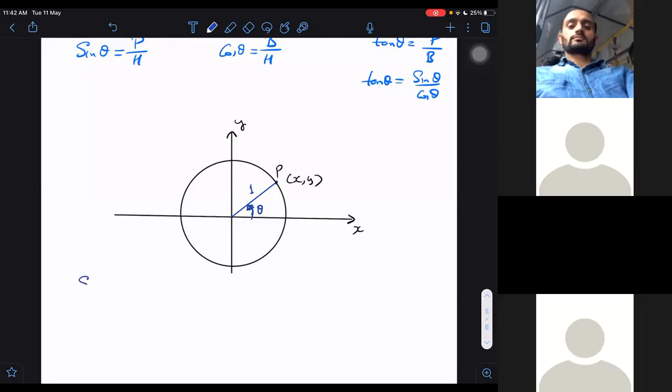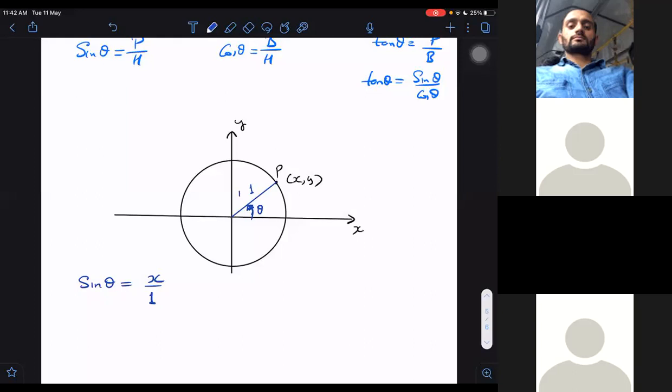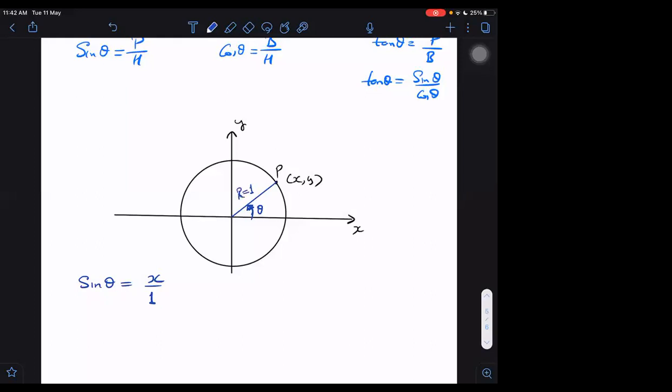New definition of sin theta, which is always applicable, will be x divided by 1, because it is of unit radius. If it is not of unit radius, if it is r, then I would have written it as y by r. Oh, sorry, yes, you are right, my mistake.